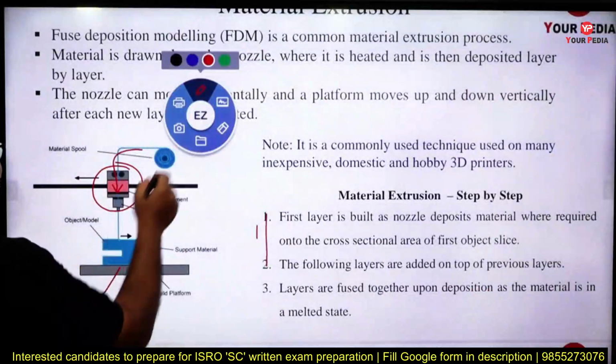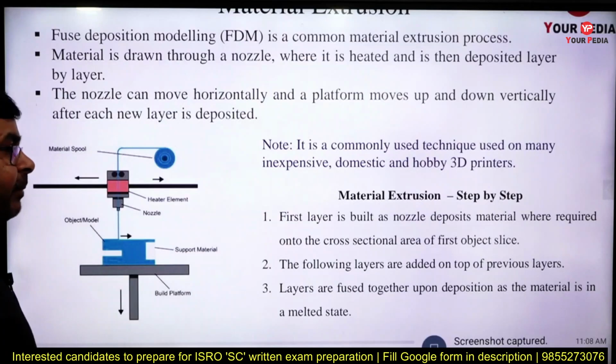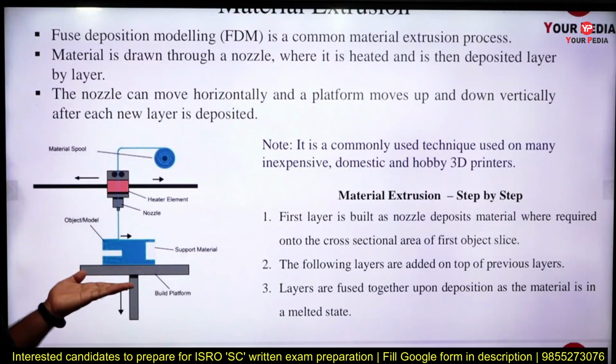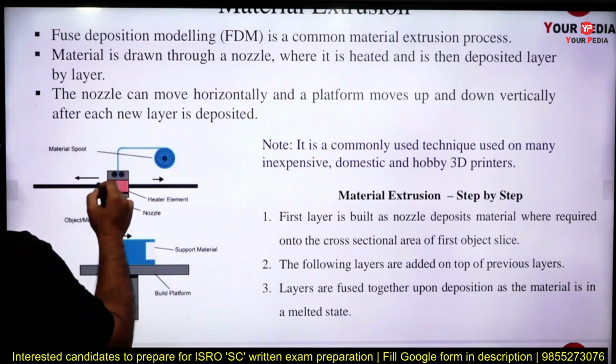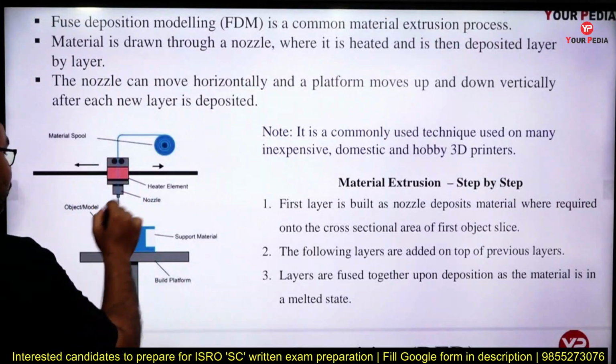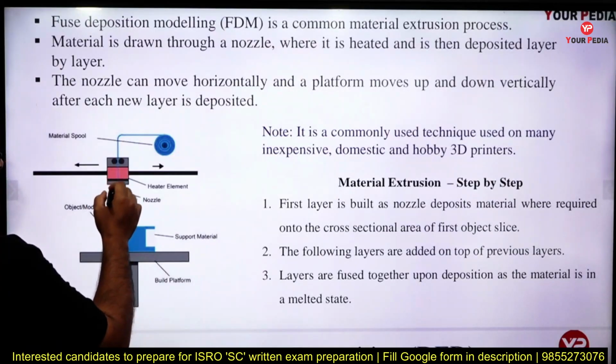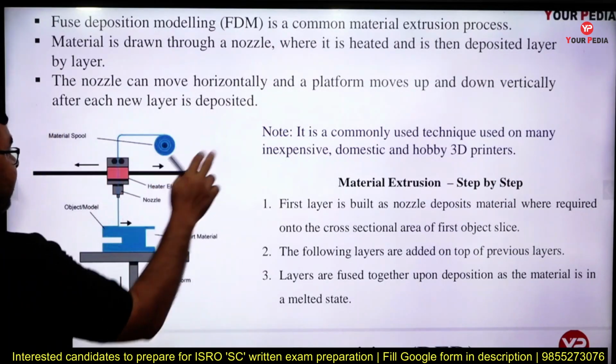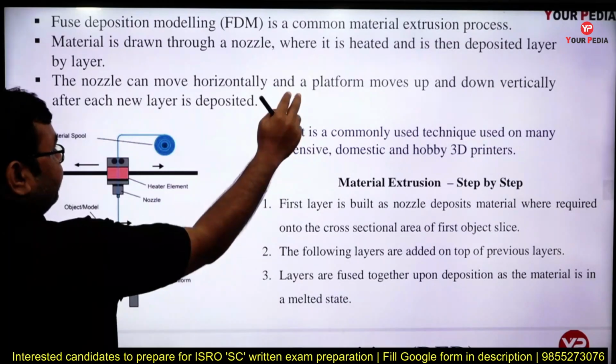So this is a very simple process, correct. So again you have a build platform, a nozzle, and obviously sometimes we provide the motion to this nozzle in the horizontal plane, along both the x and y axis, correct.